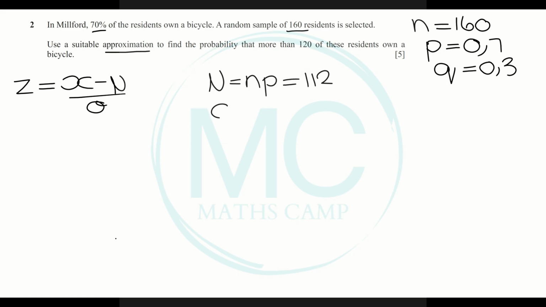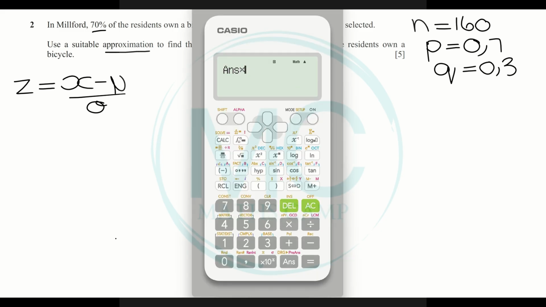For the standard deviation, I use npq under a square root. I already know that np is 112. So let's multiply by q, 0.3, and we get the square root of 168 over 5, which is 2 root 210 over 5.